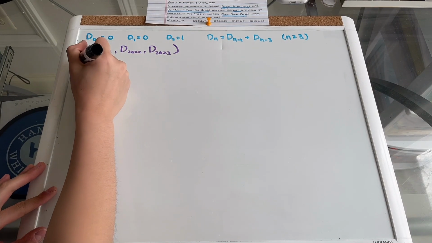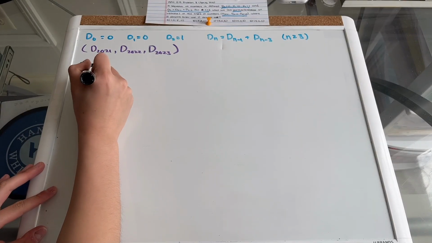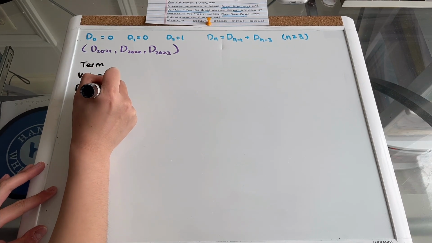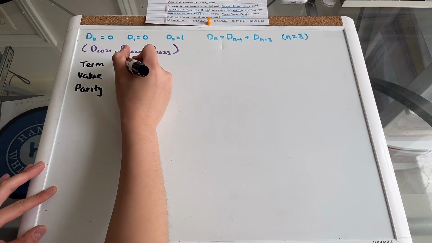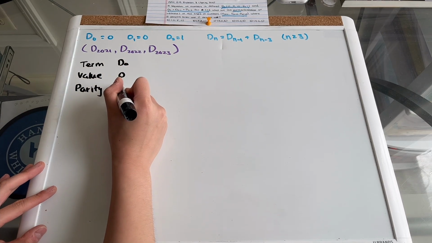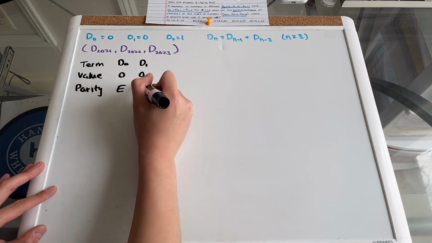We can make a list with the term, value, and the parity, which, remember, is oddness or evenness, so whether the number is odd or even. Now, d0 is 0, which is an even number. d1 is 0, even.